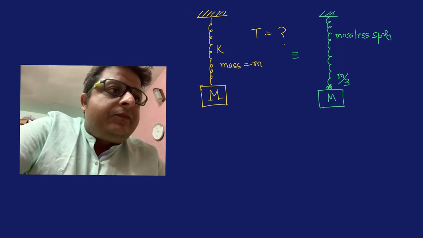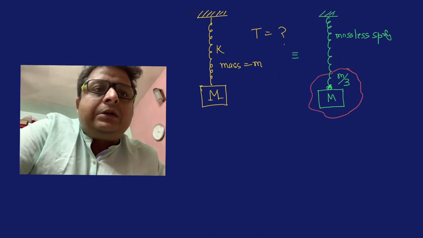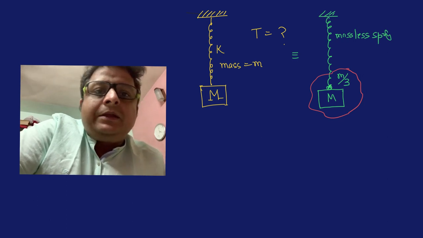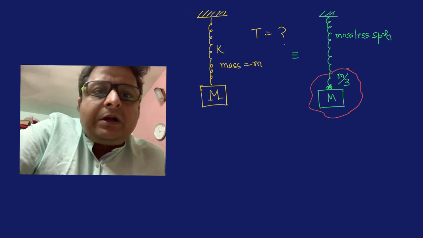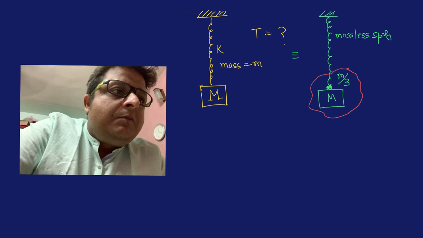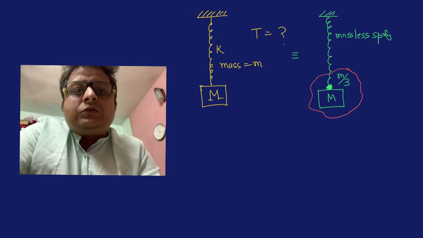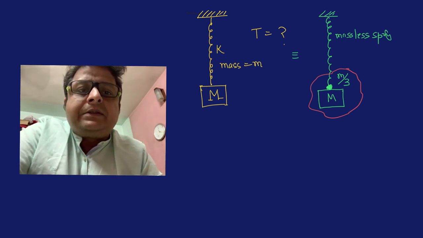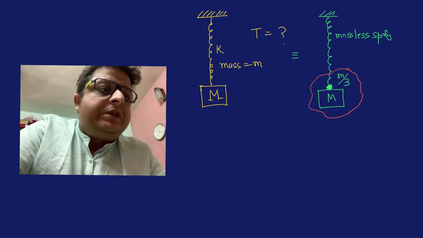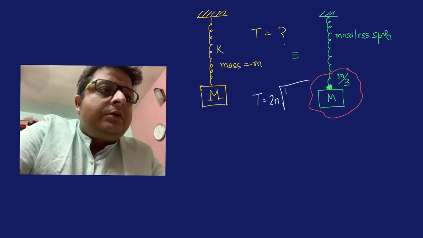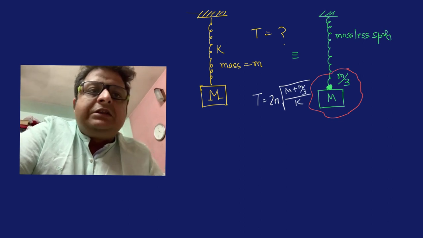As you know, if you have a system like this, the block and 1/3 of the mass of the spring converted to a particle at the moving end, the time period will be 2 pi root over of (M plus m by 3) by k. So this will be the answer.